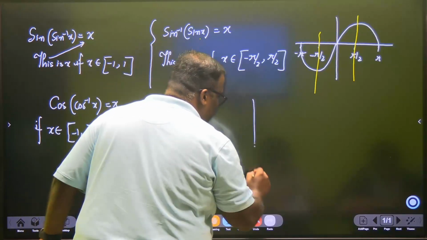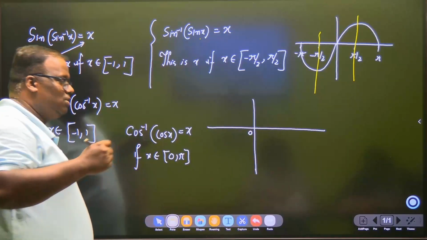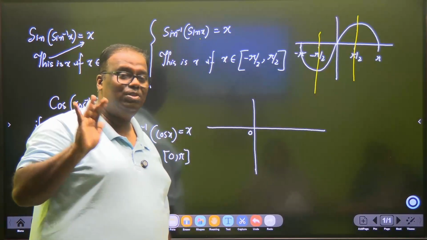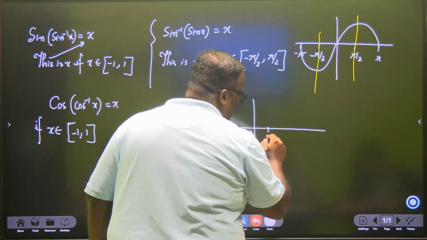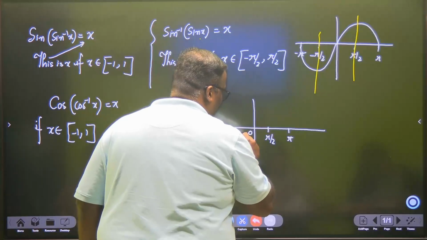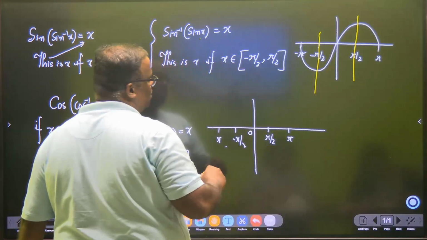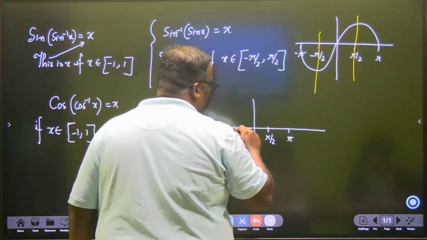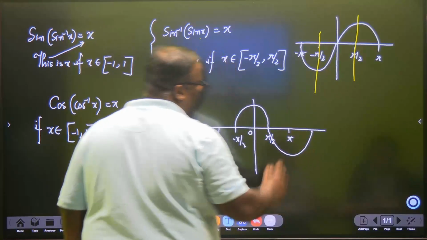If you want to enjoy this in graph, always play with graph. The problem is CBSE has got such a syllabus where they believe more in memorizing. You should be given a graphing calculator. Then these problems become so beautiful. It's a pi by 2, a pi, a -pi by 2, and a -pi. So cos 0 is 1, right? So the cos function will be going in this manner and then in this manner.